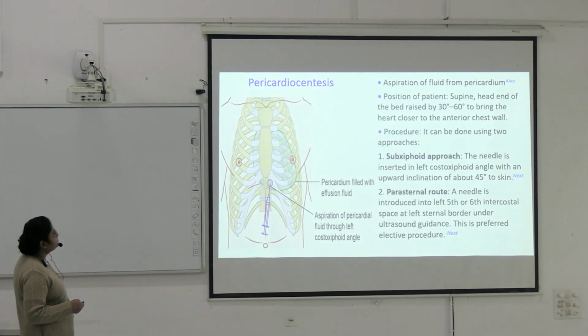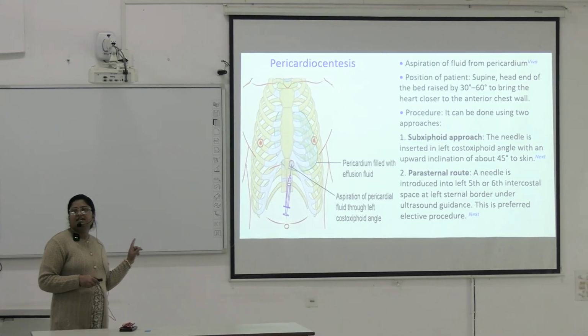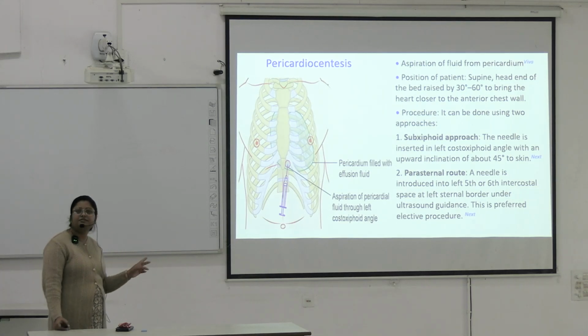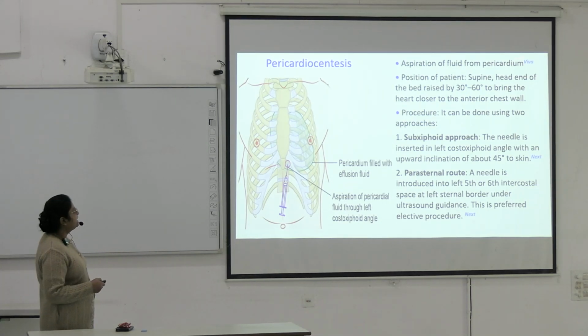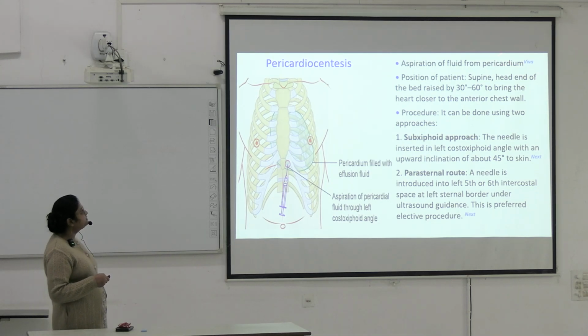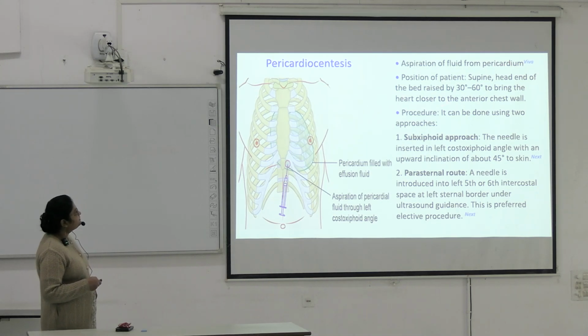Next is pericardiocentesis. Pericardiocentesis is done in excessive accumulation of fluid in the pericardial cavity. Aspiration of fluid from the pericardium is known as pericardiocentesis. Position of the patient: the patient is lying supine with the head end of the bed raised by 30 to 60 degrees to bring the heart closer to the anterior chest wall. And it can be done using two approaches, subxiphoid approach and parasternal route.